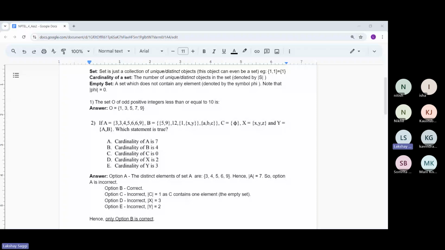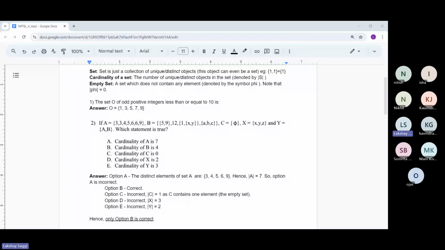So two sets are said to be disjoint if there does not exist an element which is a member of both A and B. An element can be a member of set A, it can be of B, but it cannot be of both A and B. But if there is an element which is a member of both A and B, then the sets are not disjoint. So in other words, it is easy to show that this just means A intersection B is phi.